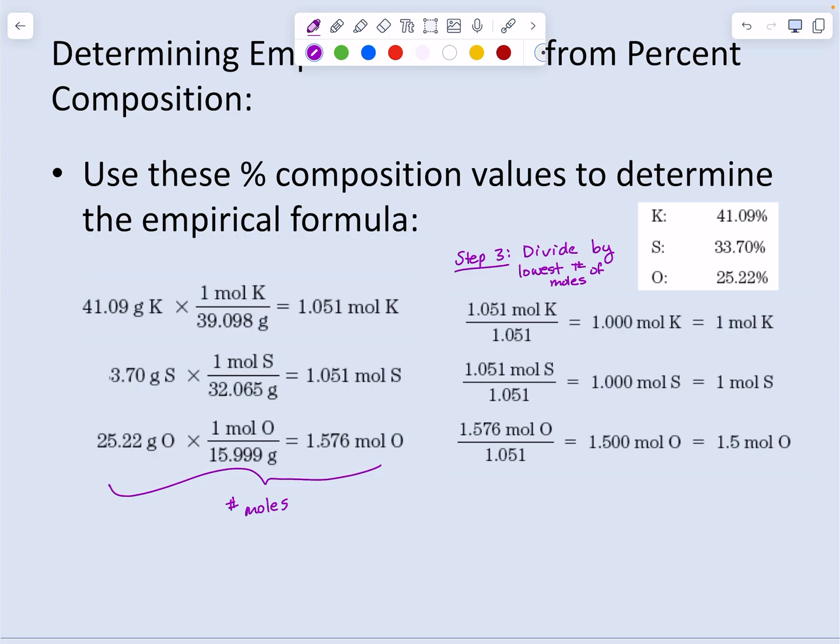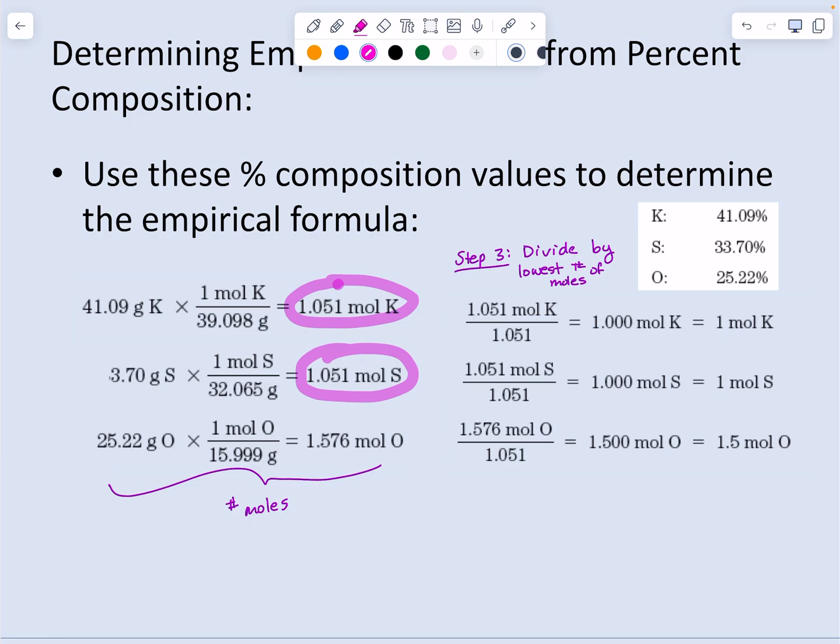What's the simplest integer we can get to? The number 1. And how do we get to the number 1? We take the smallest number. In this case, we have 2 elements that have the same amount of moles, so we can immediately know that there's going to be a 1-to-1 ratio of those elements in our compound.